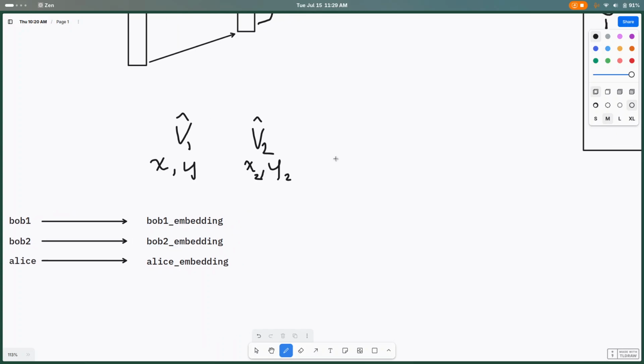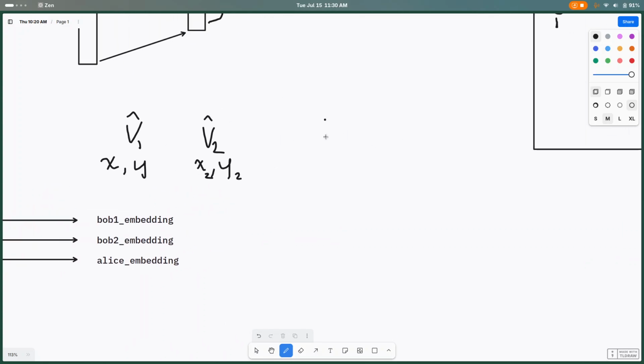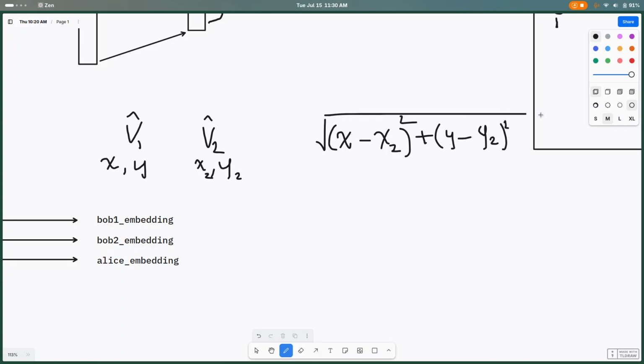The distance, we use the Pythagorean theorem. If you remember, it's the square root of (x1 minus x2) squared, plus (y1 minus y2) squared. So it's basically the difference between these, squared.